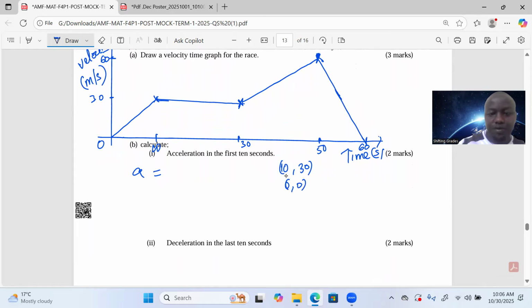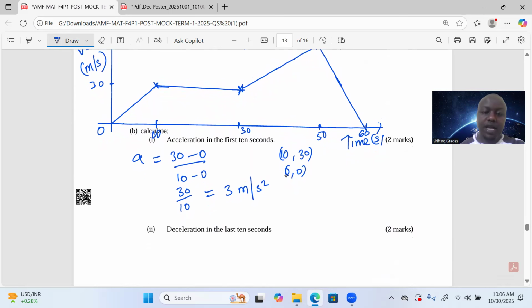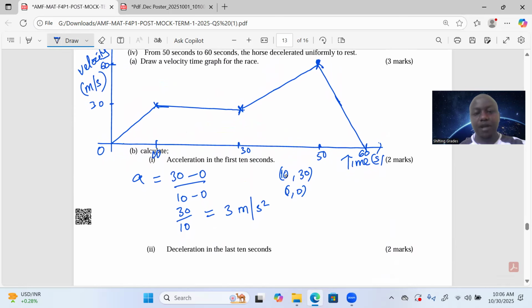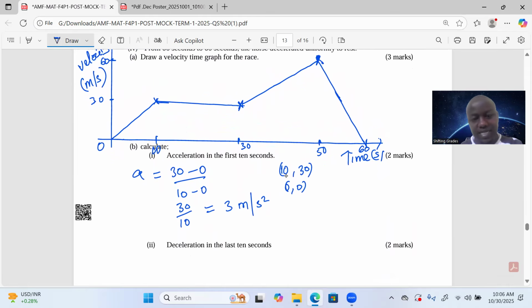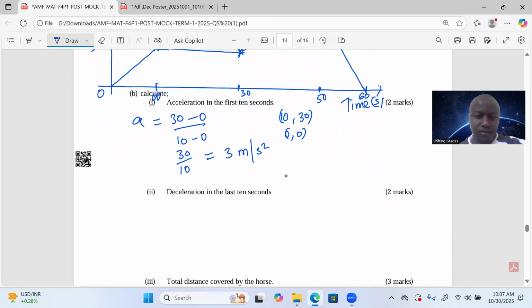So 30 minus 0 over 10 minus 0. This is 30 over 10, giving us 3 meters per second squared. So acceleration is the gradient of the velocity time graph. Within the first 10 seconds, there was a uniform acceleration of 3.